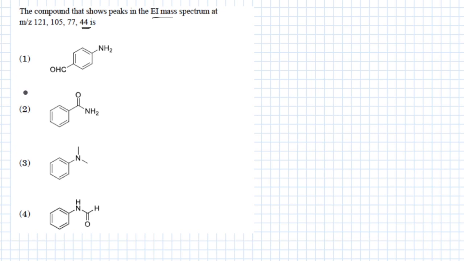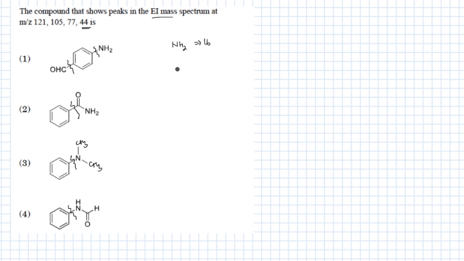There are 3 things which can happen in the products. There can be a fragmentation of the NH2 group, or of the CHO group, or of the CONH2 group. There can be a fragmentation of the NCH3 group, or of the NHCOH group. Let's see which of them will give 44. For NH2, the mass of nitrogen is 14, so overall it will be 16.